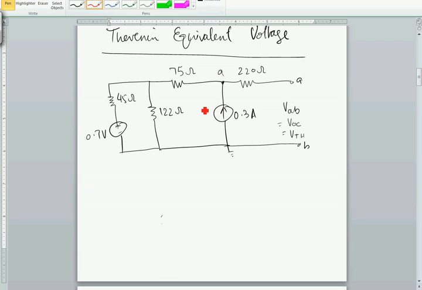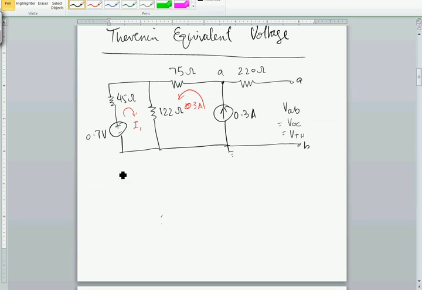So let's say this is our mesh current, which is 0.3 ampere, and let's assume that our mesh current here is I1. Let's write down the equation.